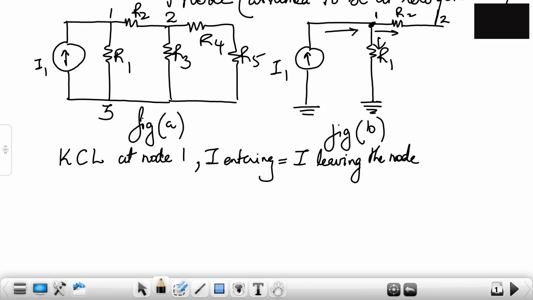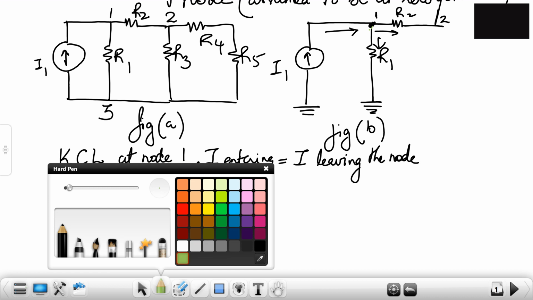So that's why we say I1. I1 is nothing but voltage upon resistance. So let's talk about the current at node 1. So over here what it will be? It will be V1 upon R1 plus V1 minus V2 upon R2.